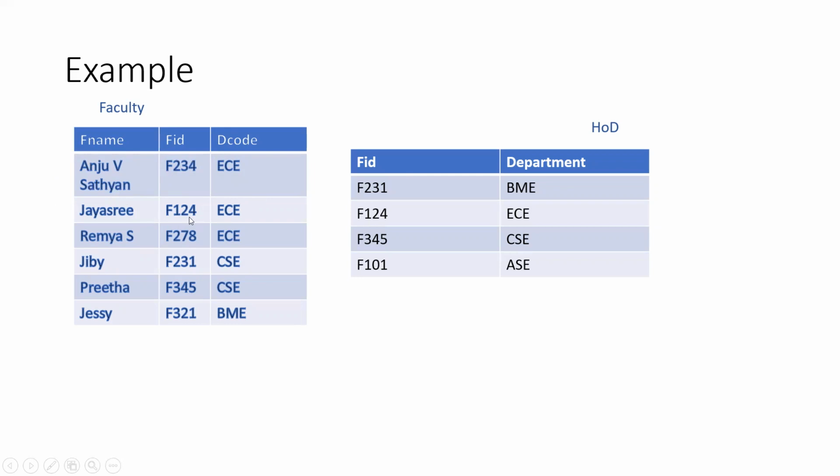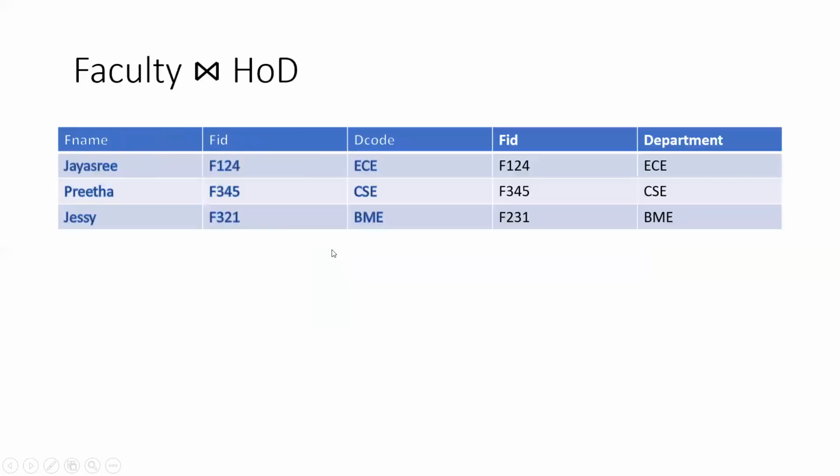Jayashree F1124 ECE has one, so we include Jayashree. Ramya S and GB have no matching tuple, so we neglect them. Preeta and Jessie each have one matching tuple. So only three matching tuples are there, and in the join operation this is the result, this is the tuple set.